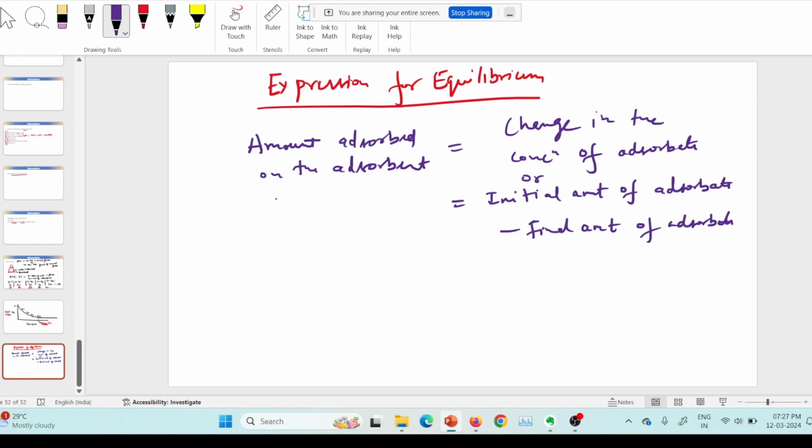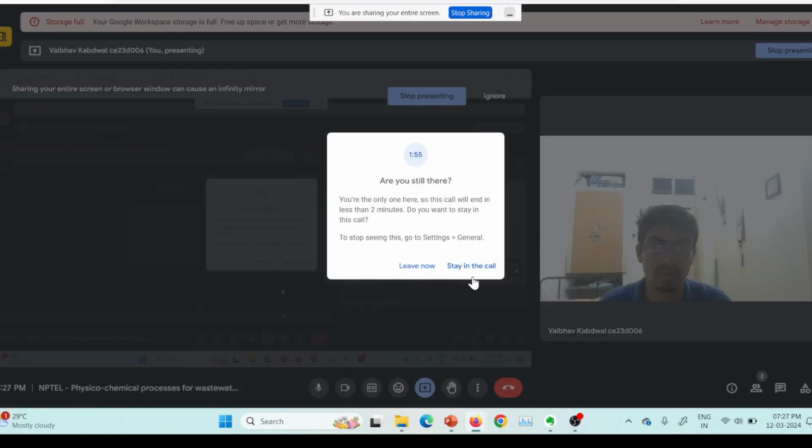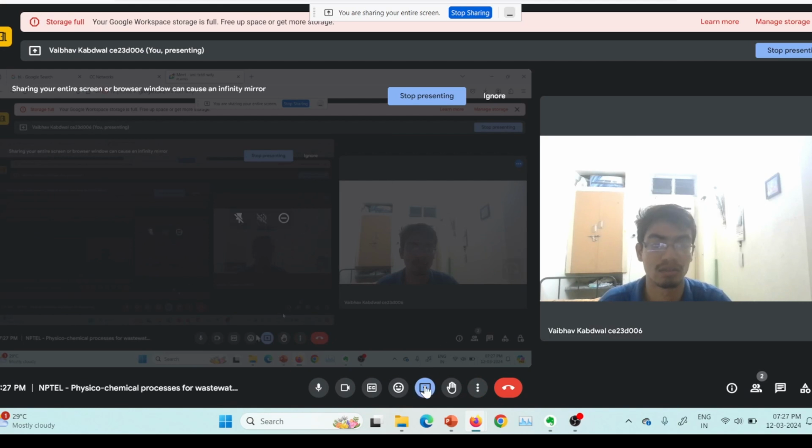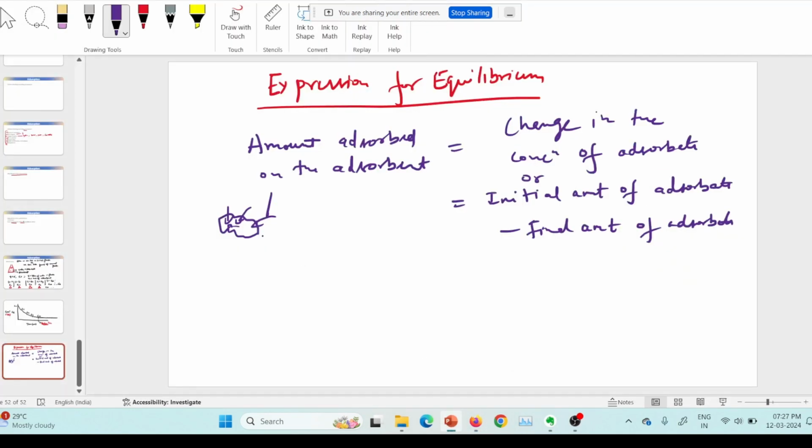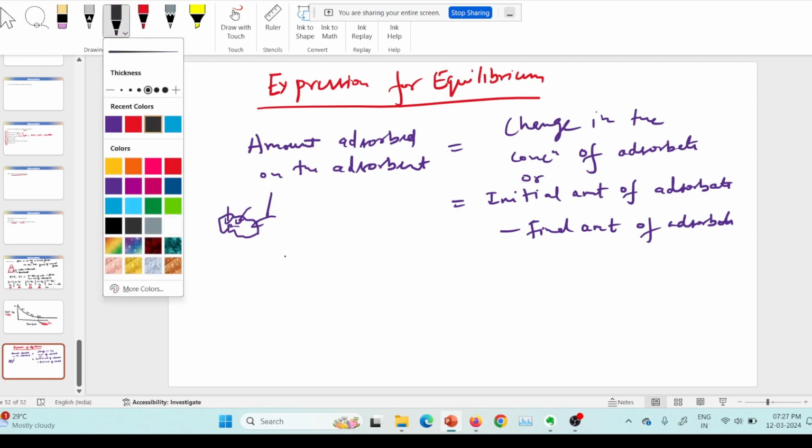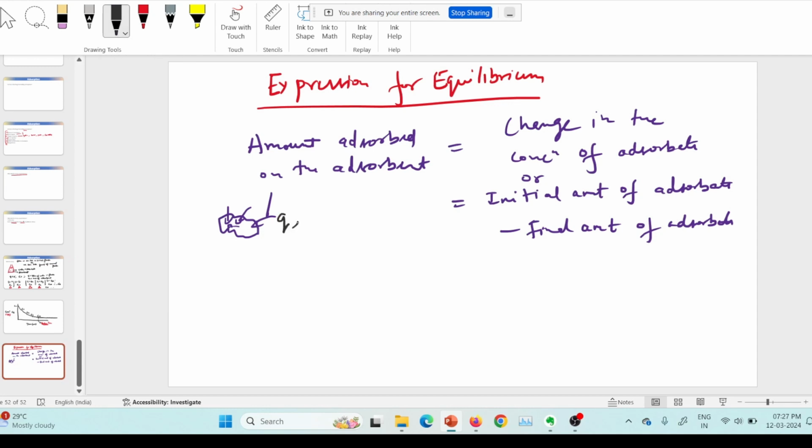So let's say this is the adsorbate. In this, qe is the concentration. So qe will be defined like this: milligram of adsorbate per gram of adsorbent.